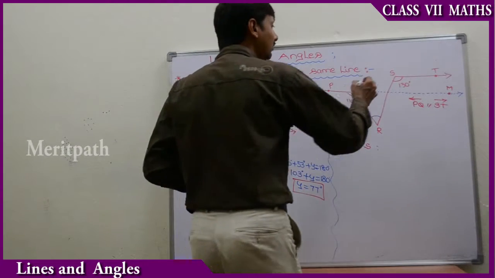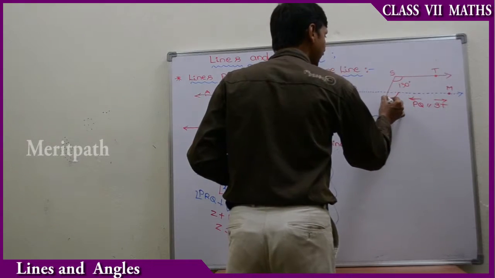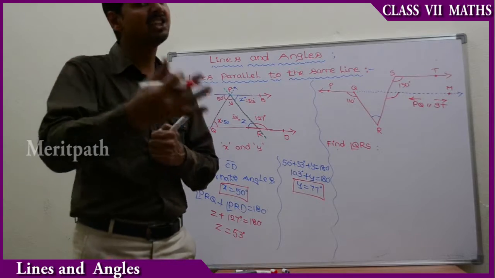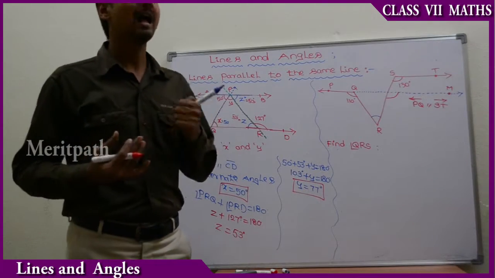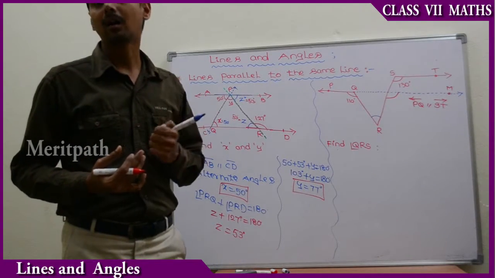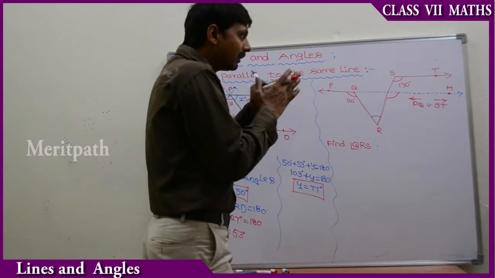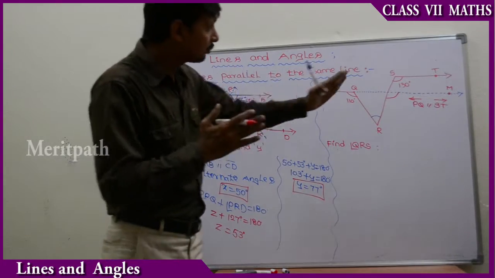The angles formed here with the same transversal, one interior and the other exterior, are corresponding angles. So these two are corresponding angles because they are formed by the same transversal.